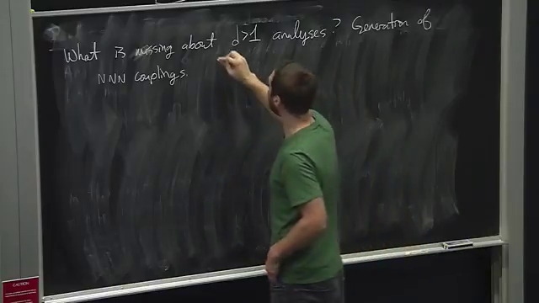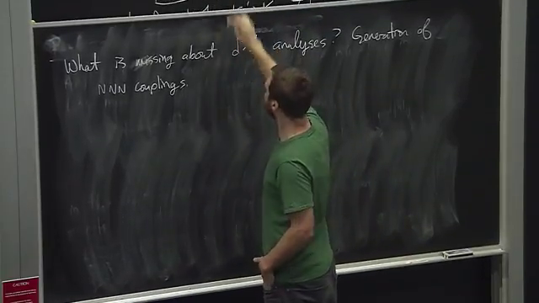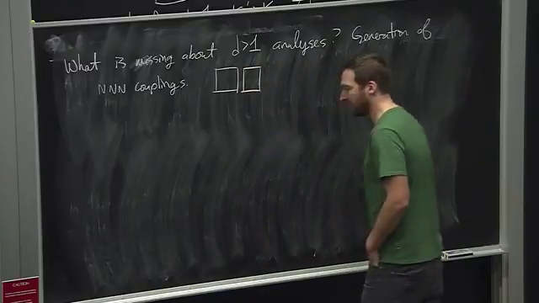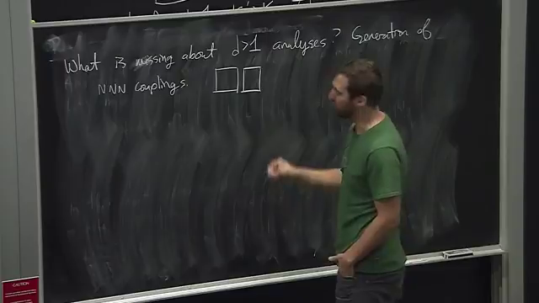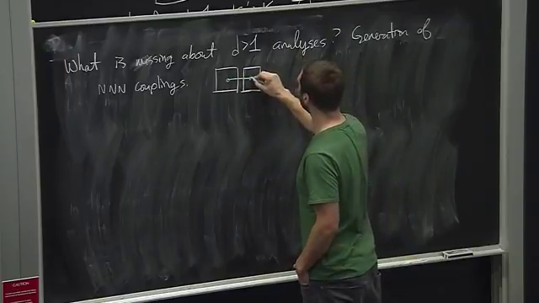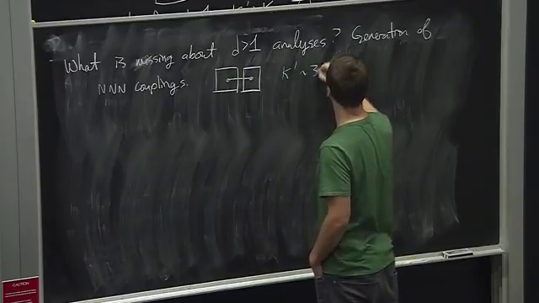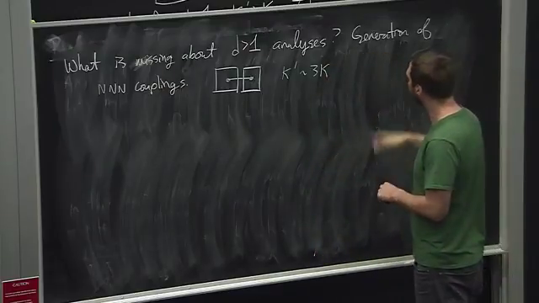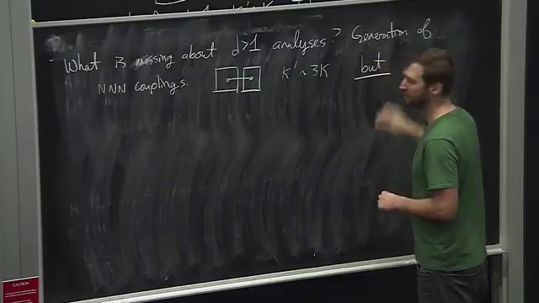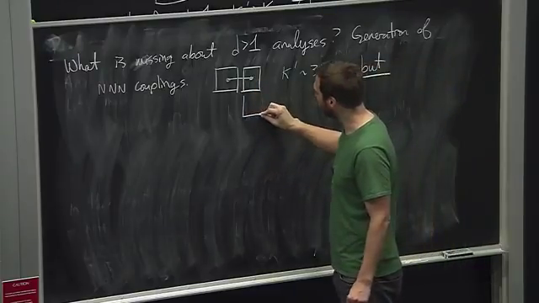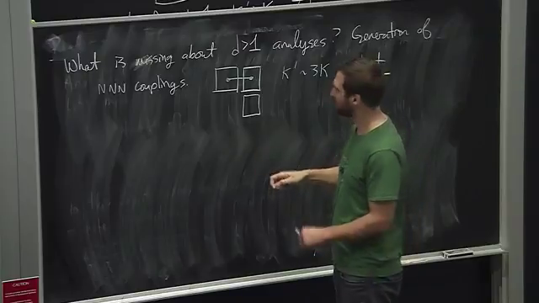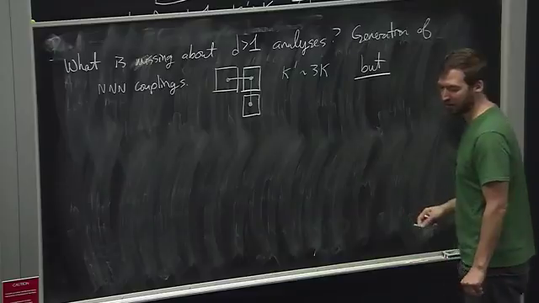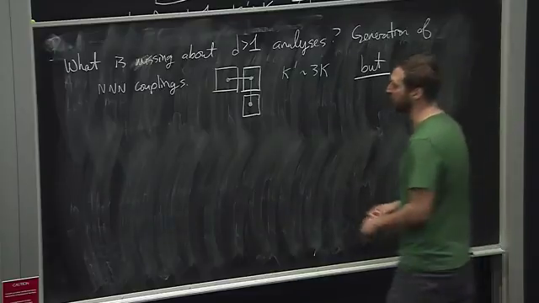So what happens is, okay, I got here these blocks. I drew 2 blocks, and I said K prime is 3 times K. But I should have also drawn a block here, and I would have had a K prime there, but I also would have generated a K double prime here.